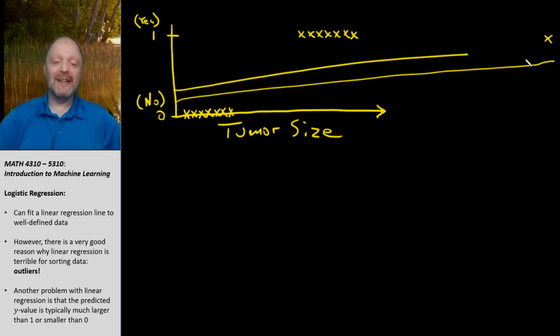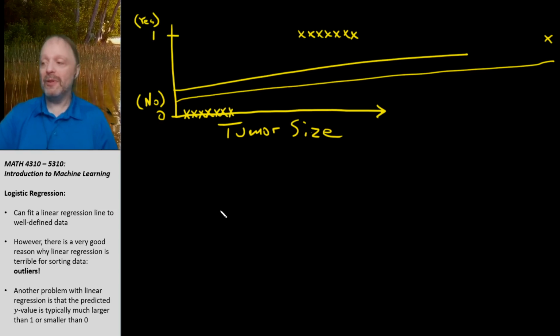The other reason is that when we were doing our predicted Y value for the houses, we saw that the output could be very large. It was in the hundreds. And what I want to do is sort things into either a 1 or a 0.